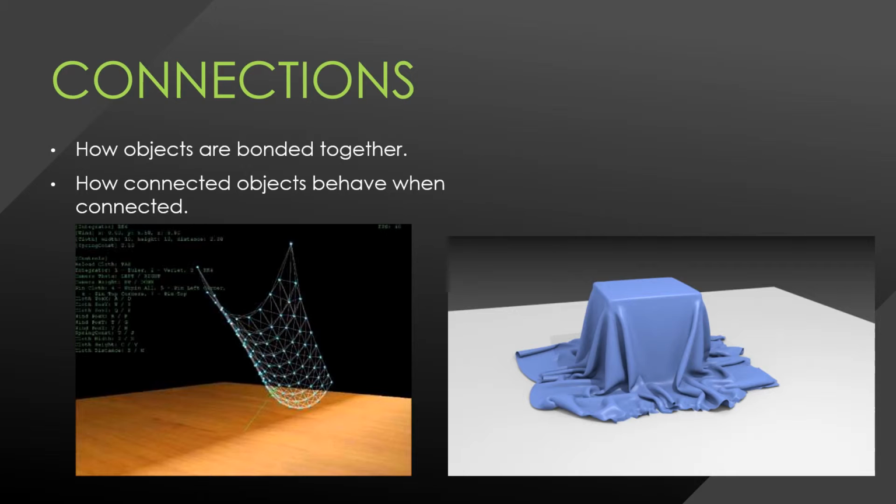And this allows something like a cloth to be replicated and simulated. Because if I didn't make the connections and I just made one big sheet of mass, that would essentially mean a piece of cloth is the same as a piece of steel. So that's a big way that physics engines use connections in order to replicate what we see in real life.